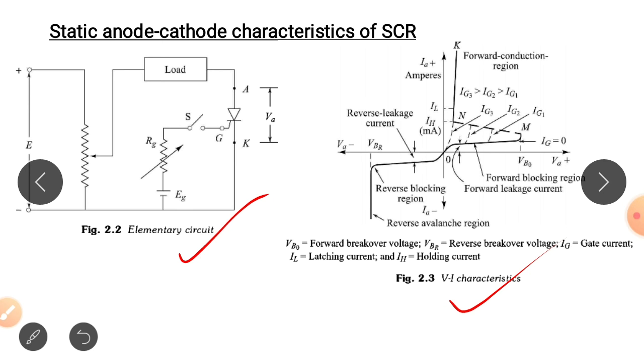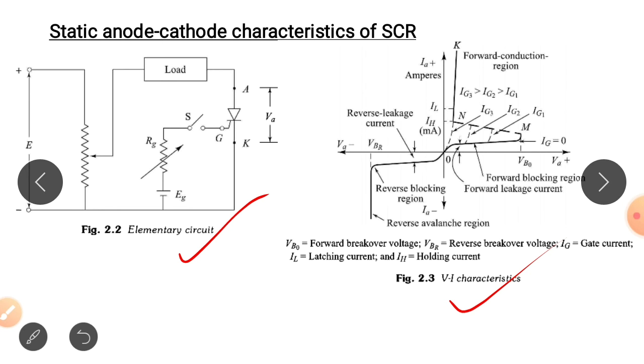Before that, we first start from the elementary circuit. To understand the VI characteristics of SCR, first we need to put this SCR in a power circuit, because SCR is a power semiconductor device.